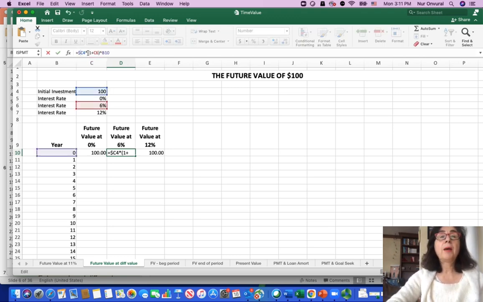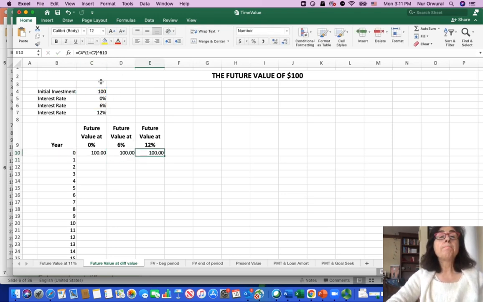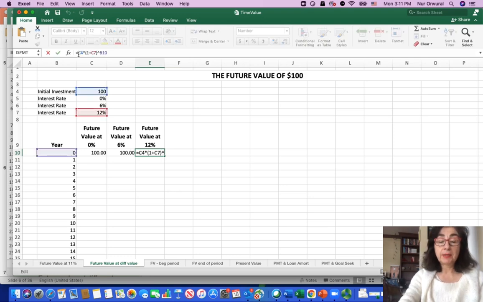But before I copy, I'm adding these dollar signs to make sure that the initial deposit and the interest rate are fixed. And I'm going to do that for the 12% interest rate as well.